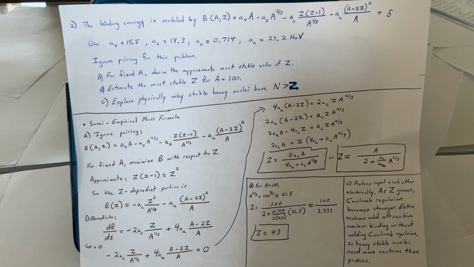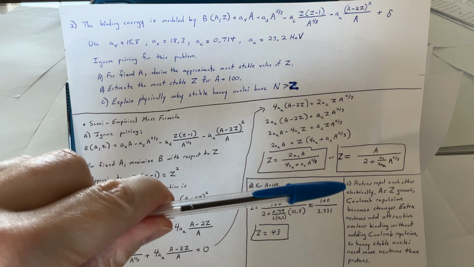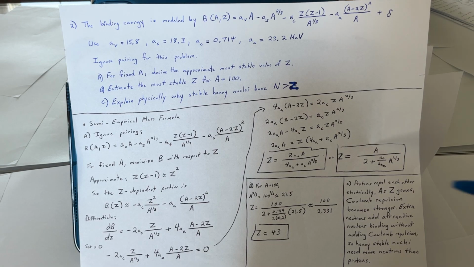Okay, so part C. Explain physically why stable heavy nuclei have N greater than Z. Protons repel each other electrically. So as Z grows, Coulomb repulsion becomes stronger.